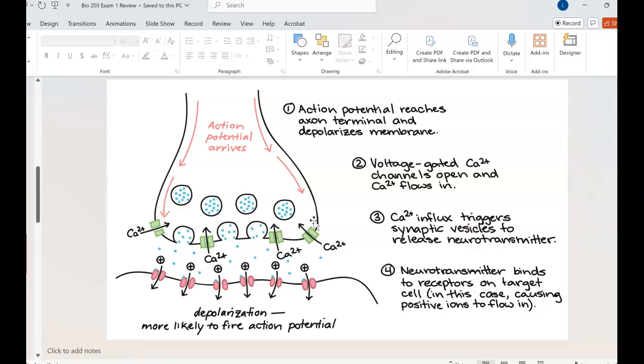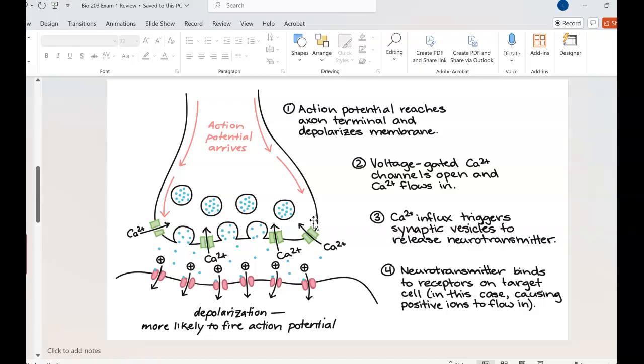Calcium flows in through cell signaling. Calcium tells those vesicles to release the neurotransmitter. Neurotransmitter flows across the synaptic cleft. Then we have our postsynaptic neuron on the other side with receptors, and the neurotransmitter binds to those receptors.